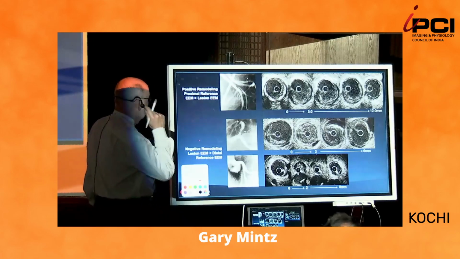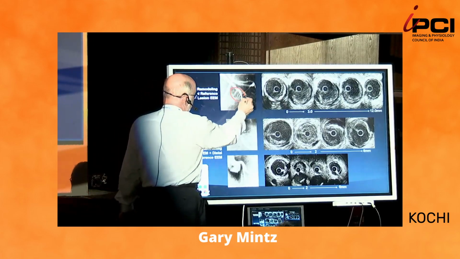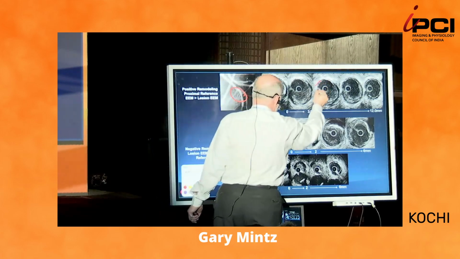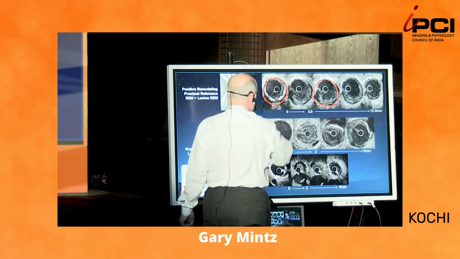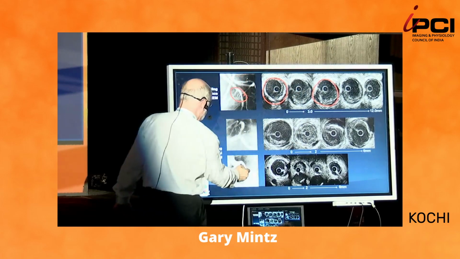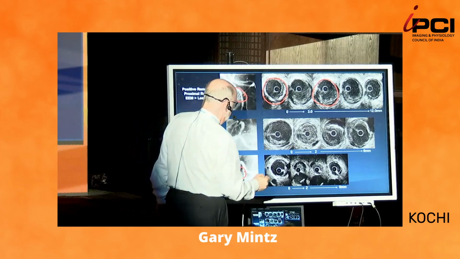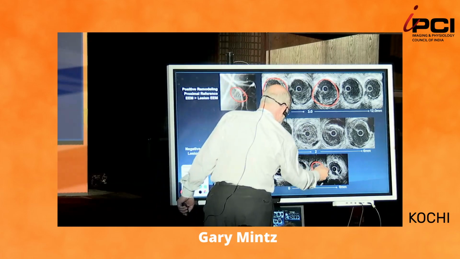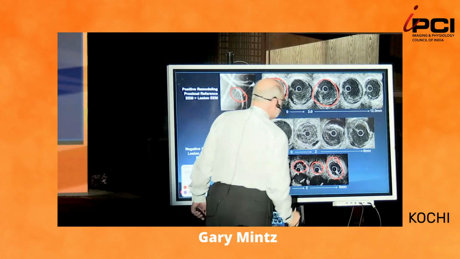And then here are some examples of positive and negative remodeling. This is a lesion in the LAD. You can see at the lesion site, the EEM is bigger than the proximal reference, so that's positive remodeling. And here at the ostium of the LAD just distal to the ramus, you can see that the EEM is smaller than the reference, and this is negative remodeling.